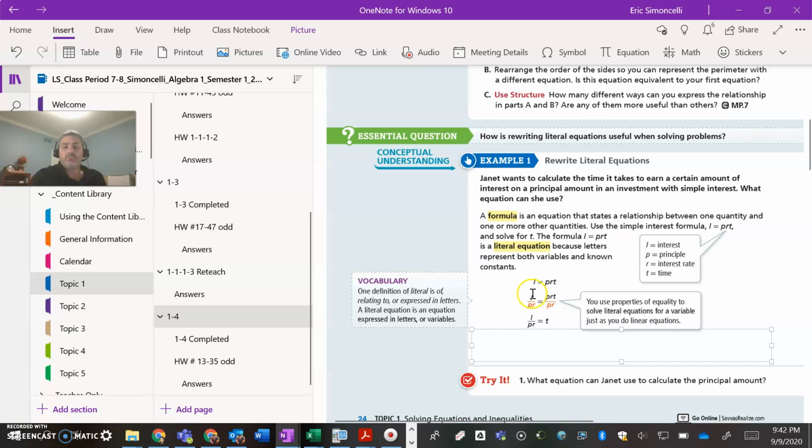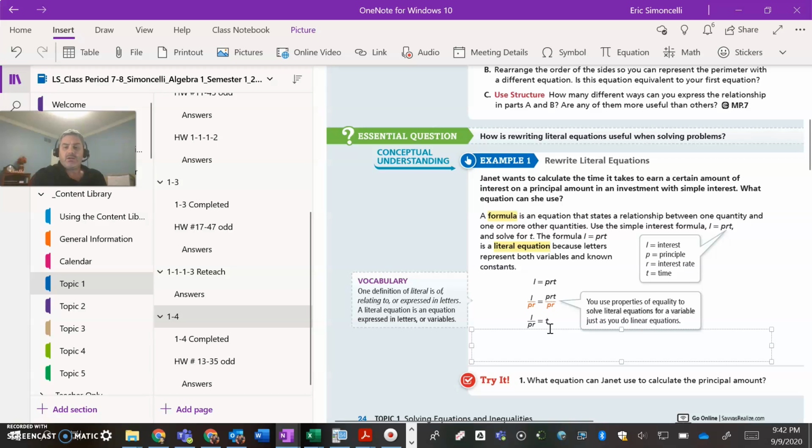So dividing both sides in the next step you see by PR. When you divide both sides by PR, the P's cancel or divide out, as do the R's. And therefore, in the next step, you do in fact have T all by itself.